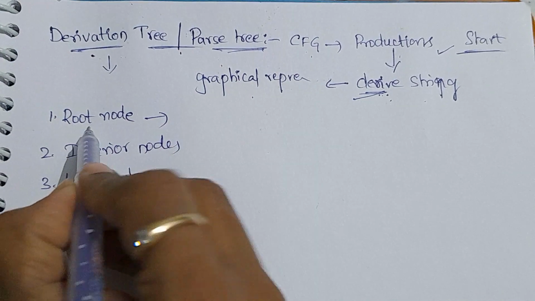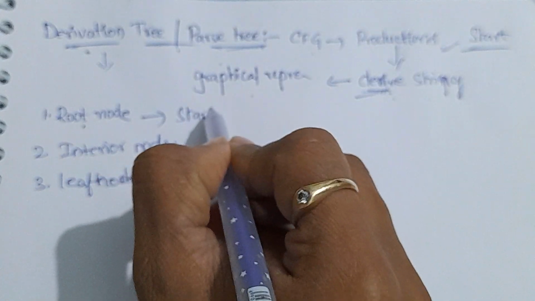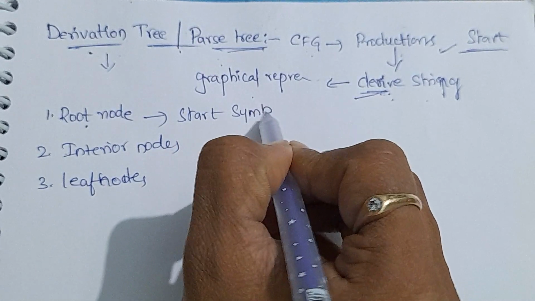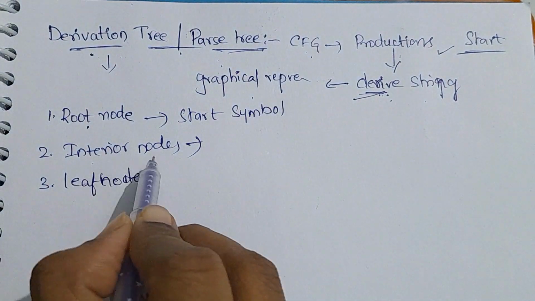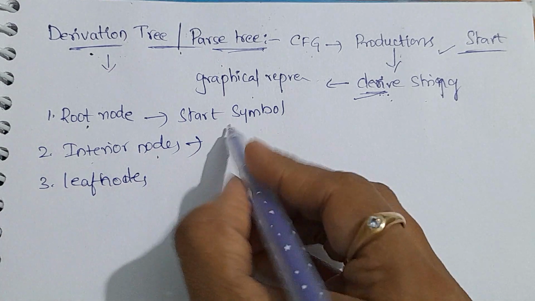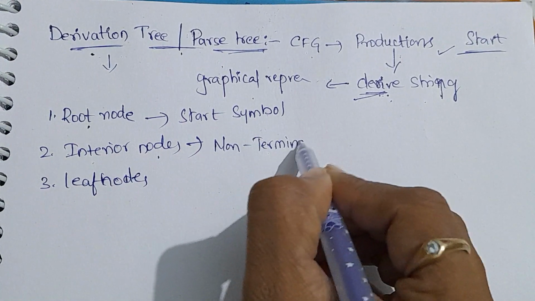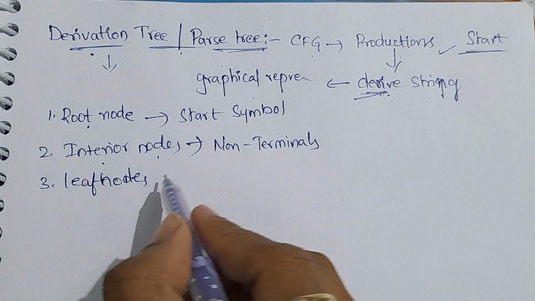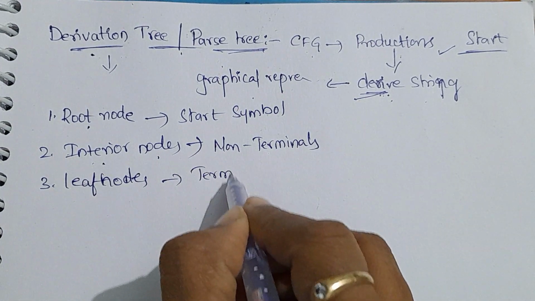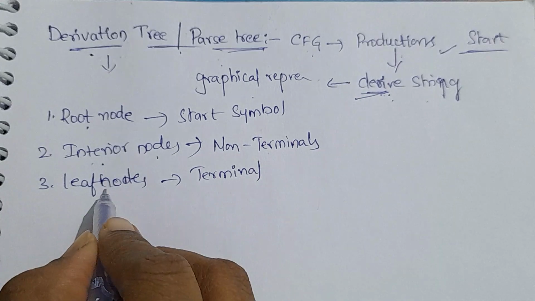The root node indicates the start symbol. All interior nodes are nothing but non-terminals. All non-terminals will become interior nodes. Terminal nodes will become leaf nodes.